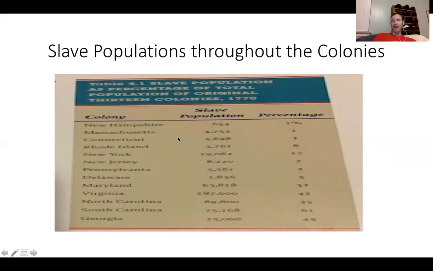Massachusetts, as you can see, a sizable population of slaves. As you can see, Virginia, that's a lot of slave labor. South Carolina. Now, the percentage over here is what percentage of the total population of the colony was made up of slaves. That's a lot.